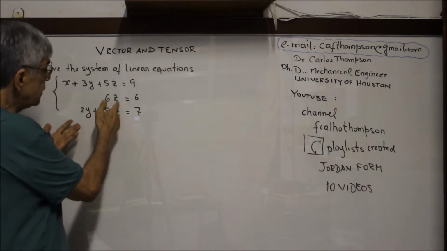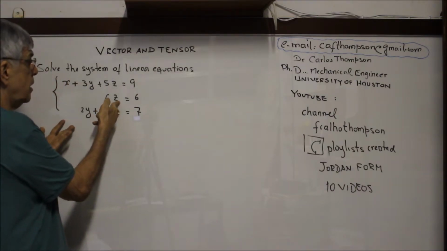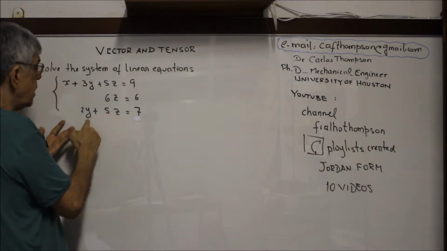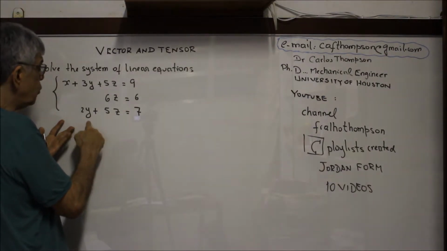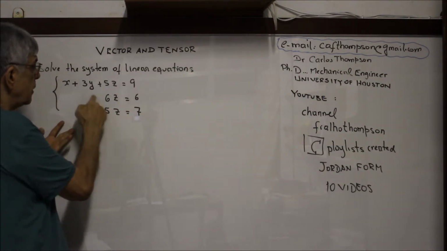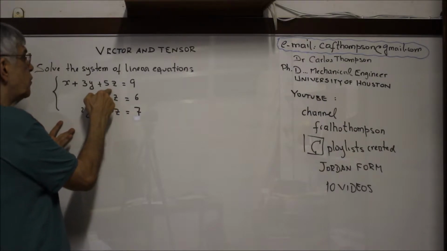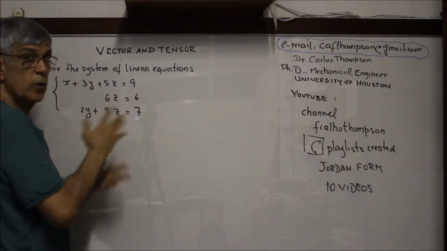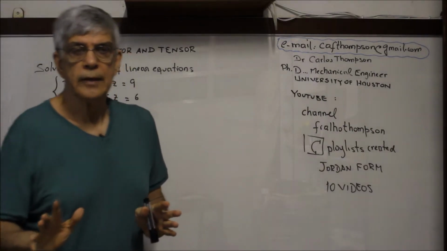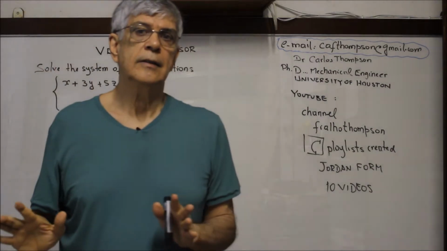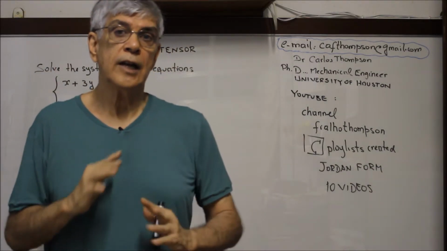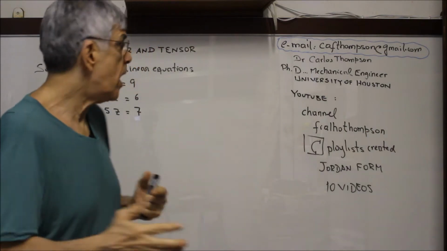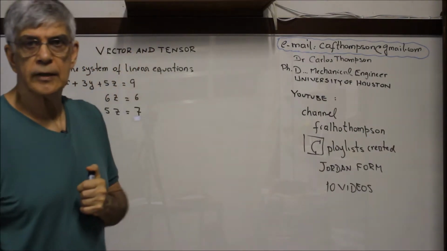But see, z is equal to 1 here. Y is equal to 1. 2 plus 5 is 7. Now 3 plus 5 is 8. So x is 1. So we know the answer. But I'm not worried about that. What I want is the concept behind the method of GRAM SCHMIDT.